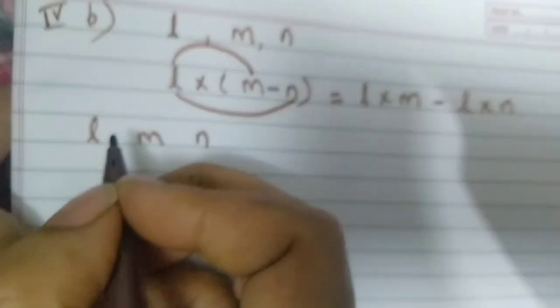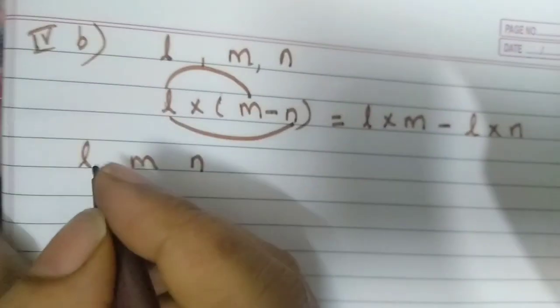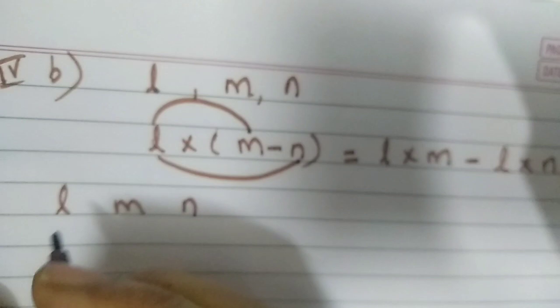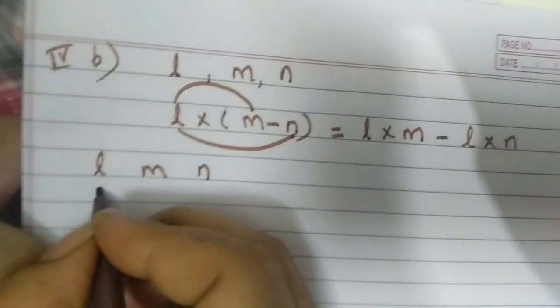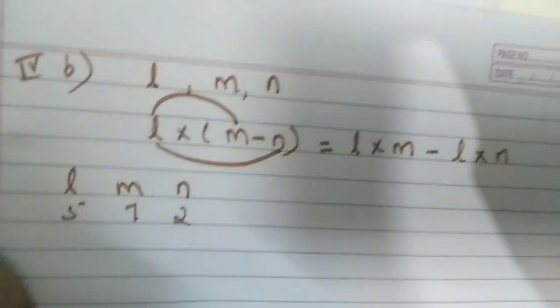Let us now take the same values, shall we? Earlier I had taken 5, 7 and 2.